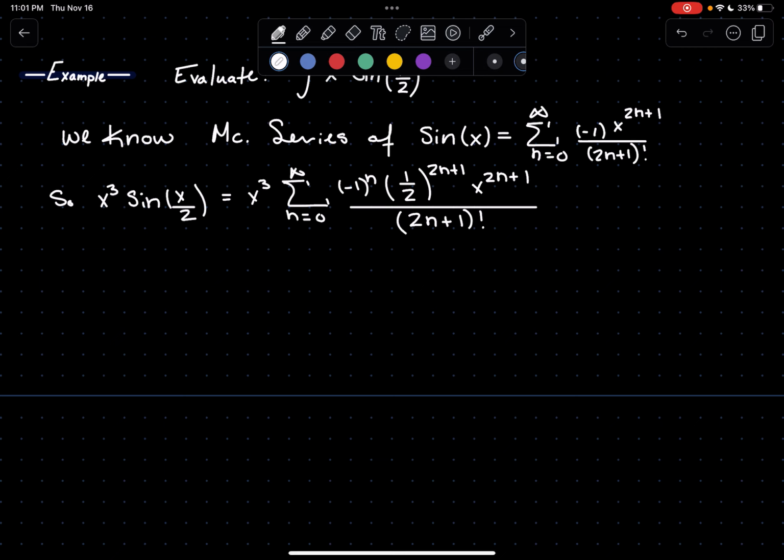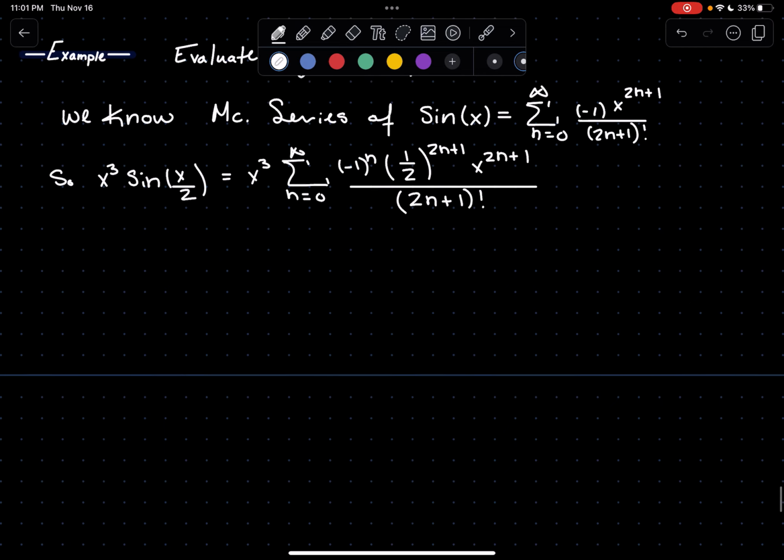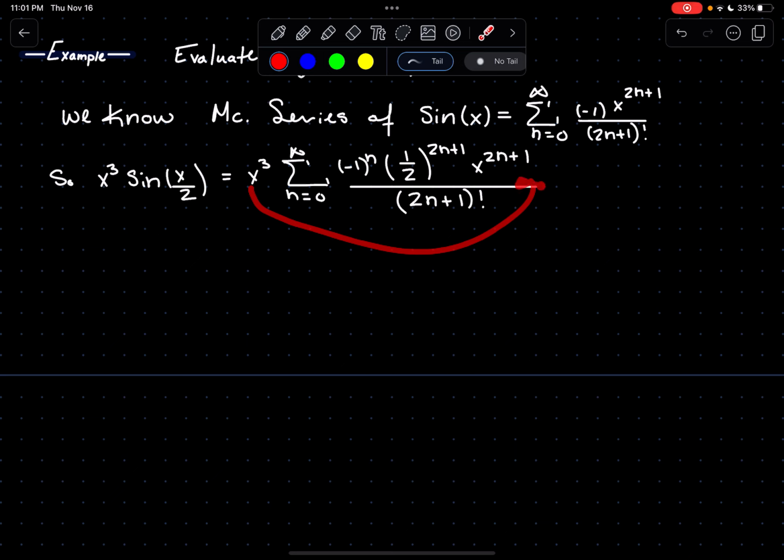For some reason in my notes I'm just doing it x times sine of x over 2. Don't worry about that, just do x cubed. It's pretty easy to see what happens. When I pull this x cubed into this, it's just going to add to the exponents, right?